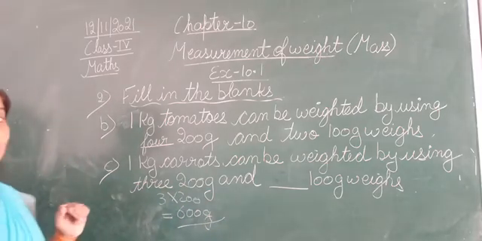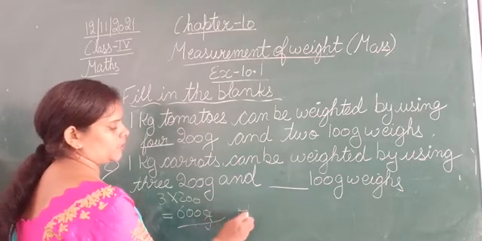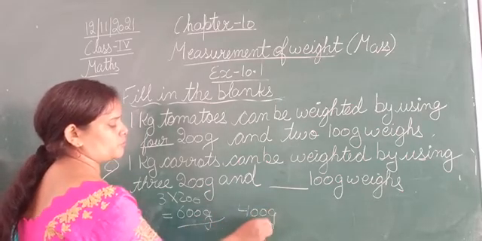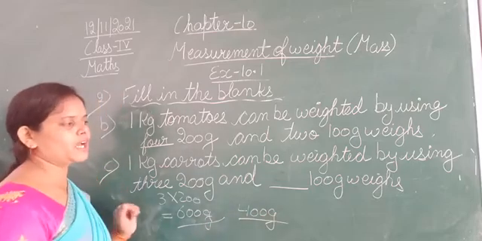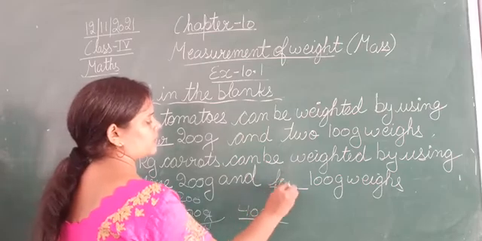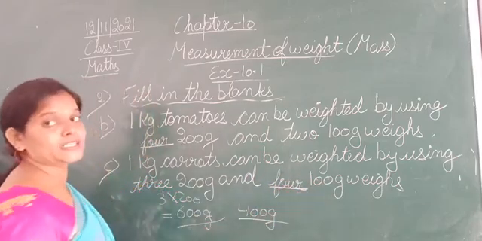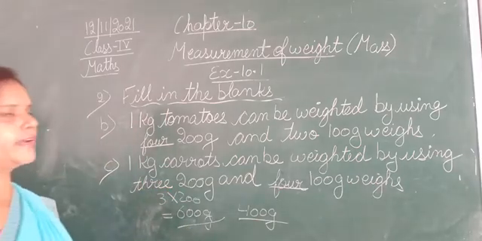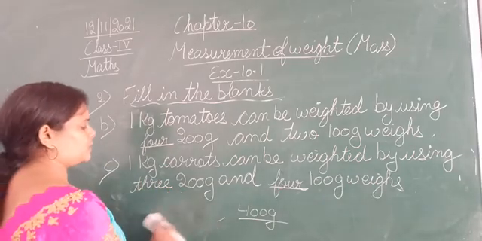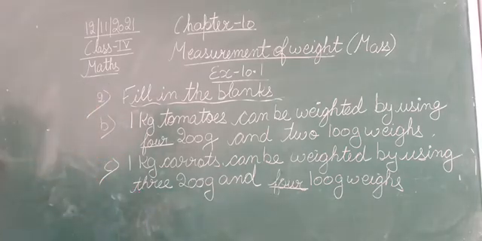But we need to measure 1000 grams. So 1000 minus 600, that means 400 is left. So 400 grams measure करने के लिए how many 100 gram weights we need? 400 grams and 600 grams, that is 1000. So we need 4 weights of 100 grams.